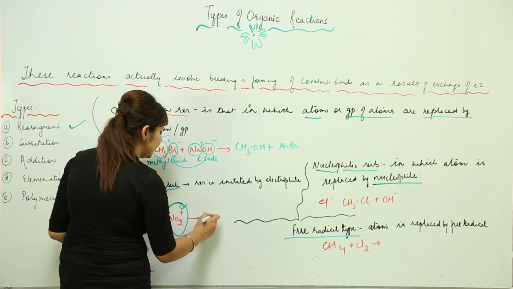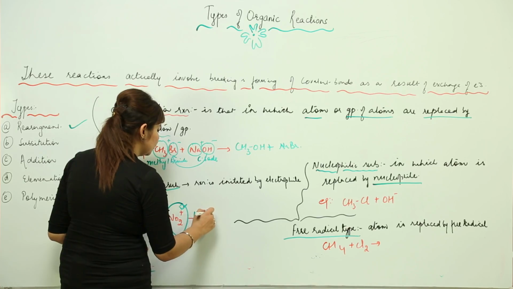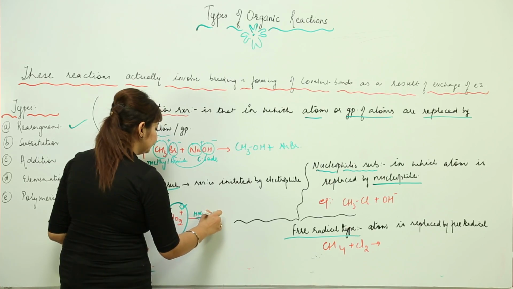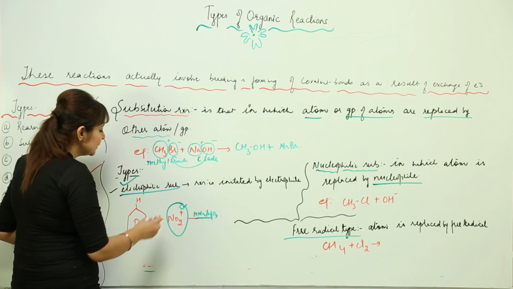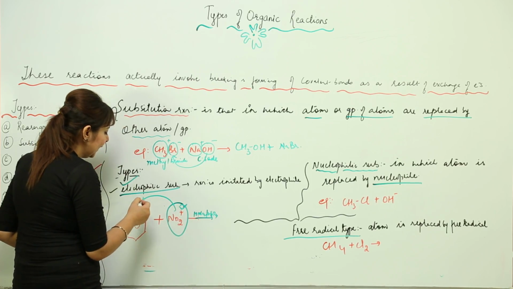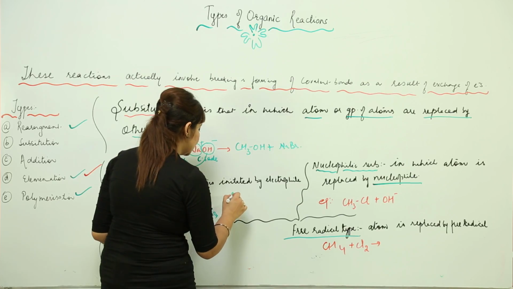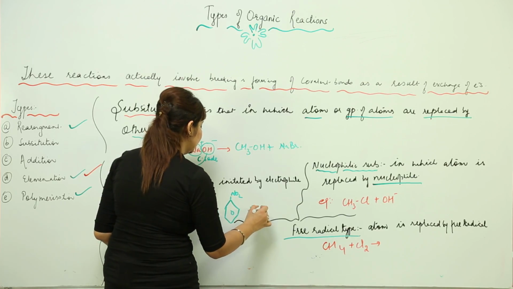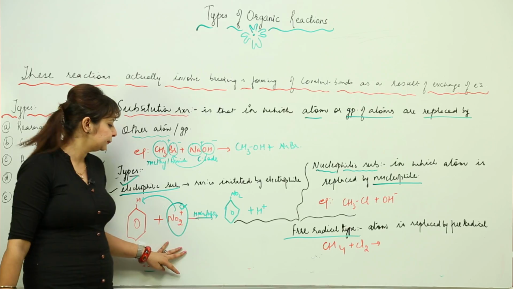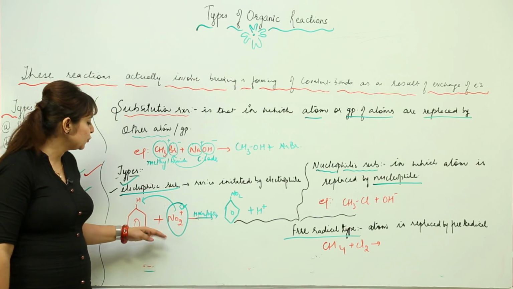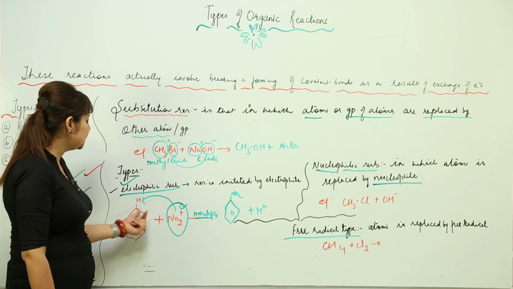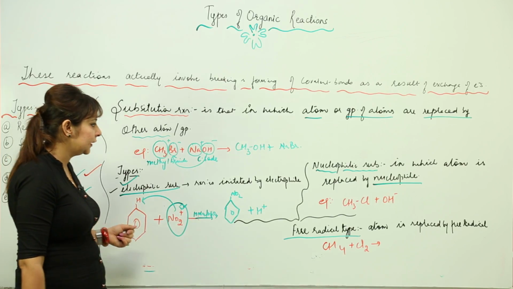This reaction takes place in presence of HNO3 and H2SO4. Then what happens? This nitronium replaces this hydrogen, and what do we get as a result? We get nitrobenzene, and along with that we get the hydrogen ion. This is an electrophilic substitution, because here an electrophile substitutes this, right? So this is what occurs.